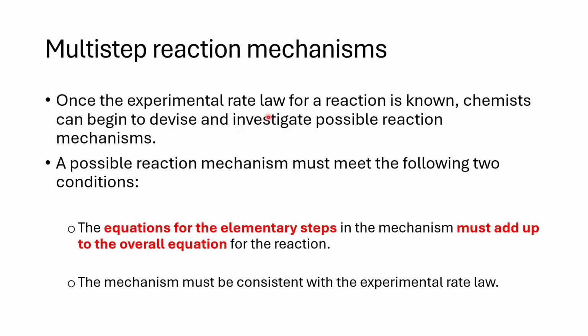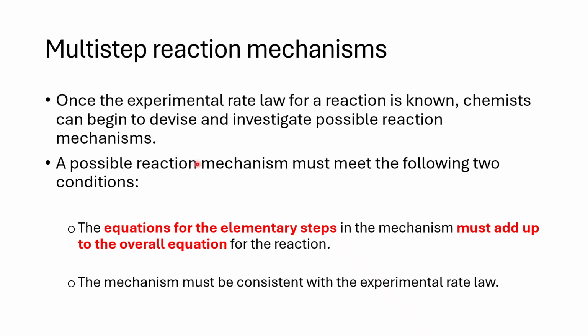Once the experimental rate law for the reaction is known, chemists can begin to devise and investigate possible reaction mechanisms. So, meaning that we have to determine the rate law first, and after that investigate the respective mechanism for the reaction.